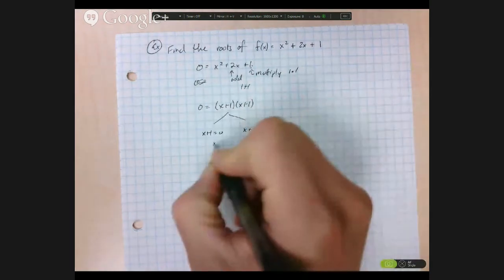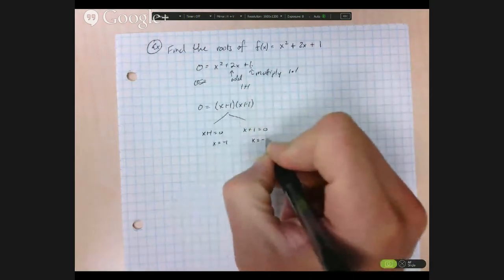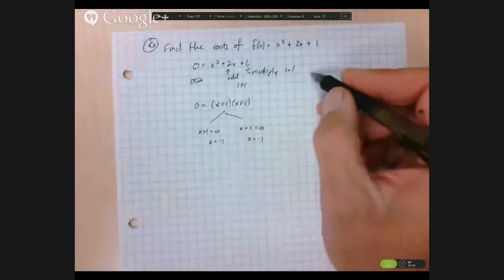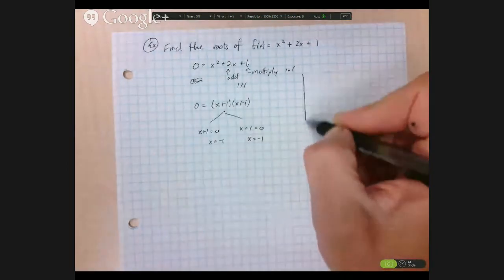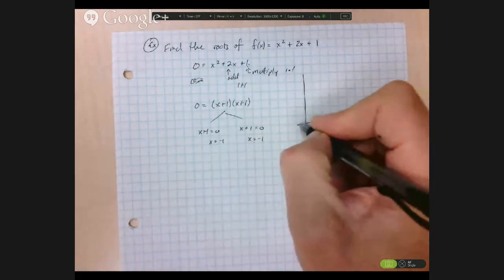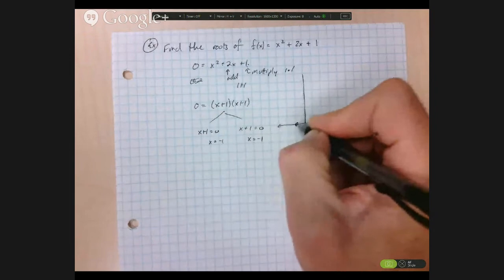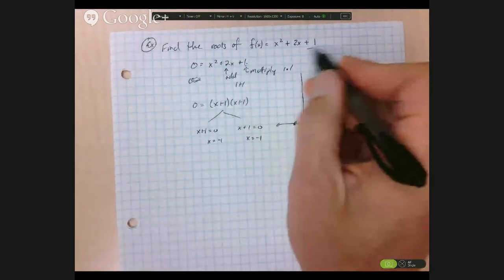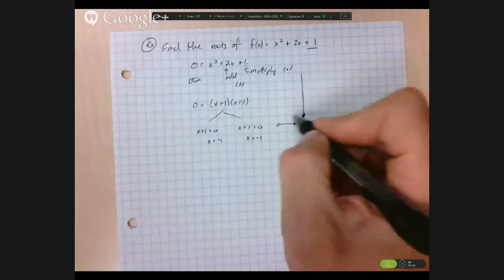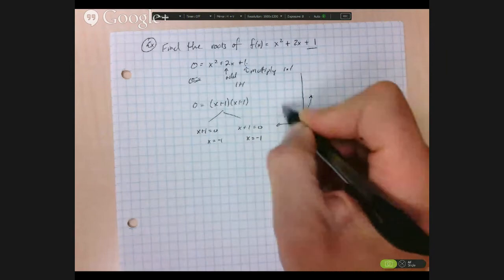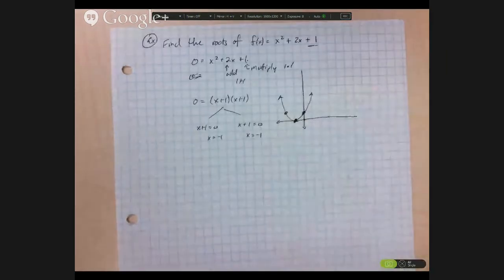We actually get that x is -1 on both of them. So we know that there's a root, and in fact it's a double root at -1. We know the y-intercept is +1, and we know that it's symmetric, so we can graph it very, very easily.